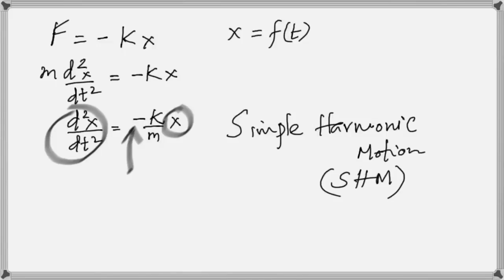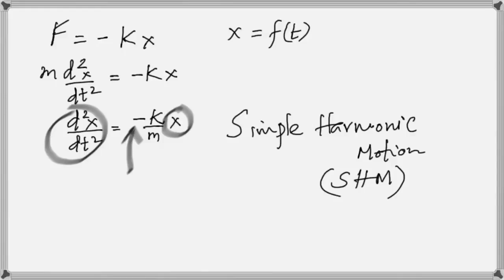So where does it have maximum velocity? When it's passing or crossing the mean position. Velocity is zero at this amplitude position and zero at the other amplitude position. But when it's crossing the mean position, that's when it's moving fastest.